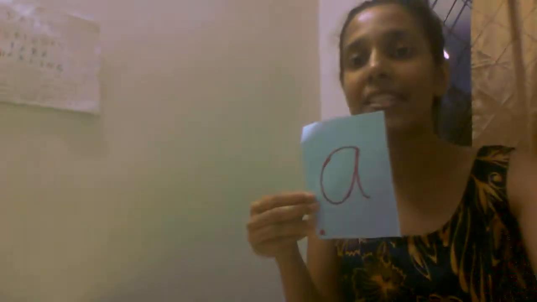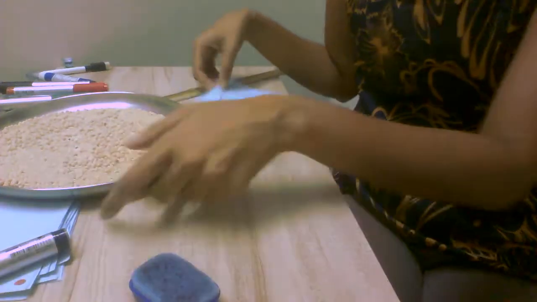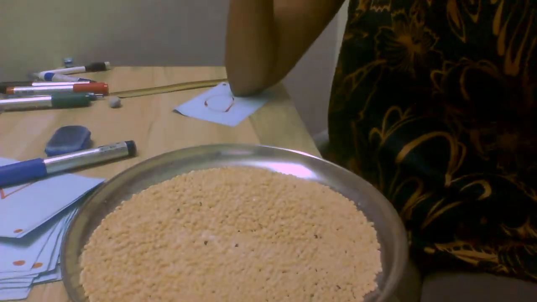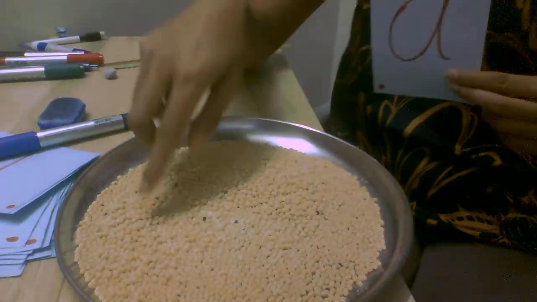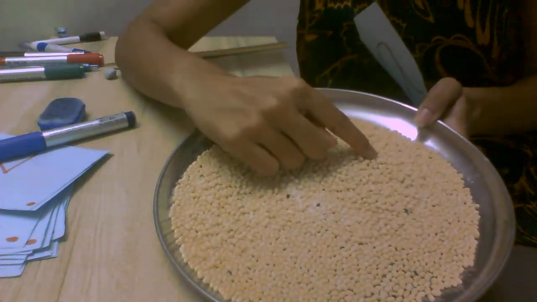And finally, you can give them more exercise on writing the letter A by giving them a sensory experience. So over here on my table, I have some seeds, and we're going to use the seeds to practice writing the letter A. So what we're going to do is, we're going to show them the formation. Start from the top.